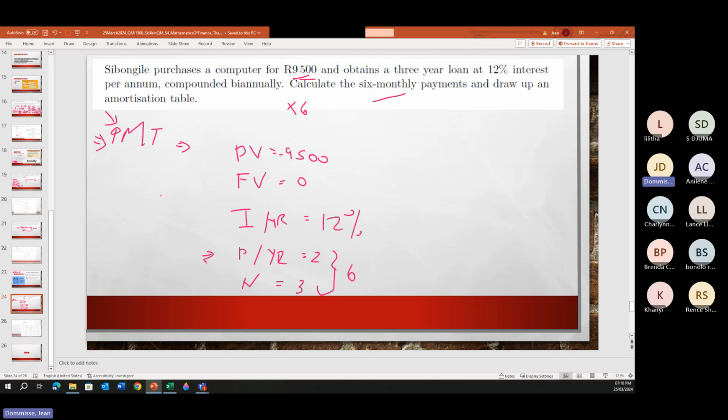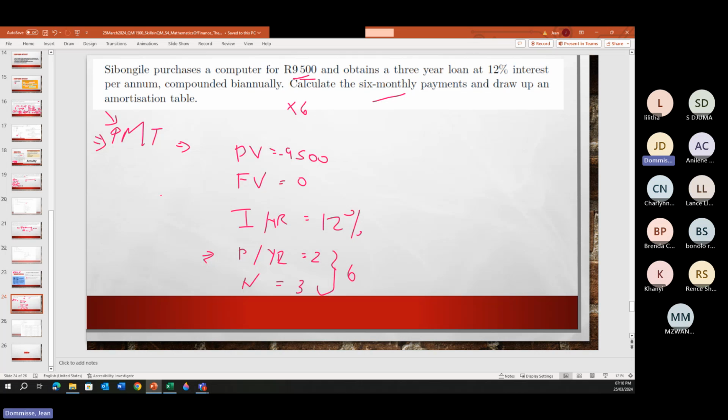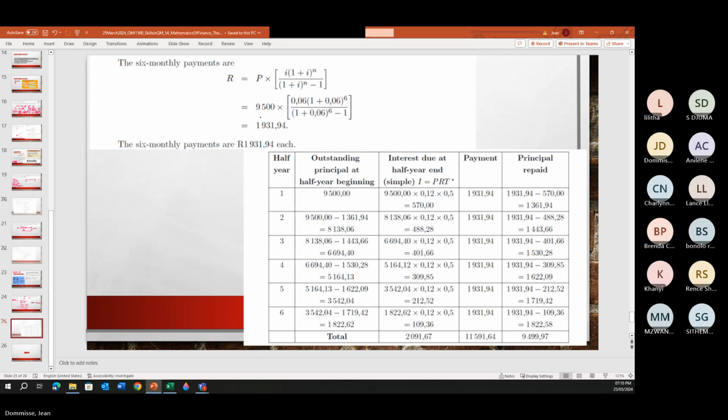Remember, it's not 12, it's 2 times a year for 3 years, which gives us the 6 periods. And then if I press PMT, I will get that my payment is 1,931 Rand and 95 cents. Okay, so if we quickly go to, okay, so I've got 95, they've got 94.